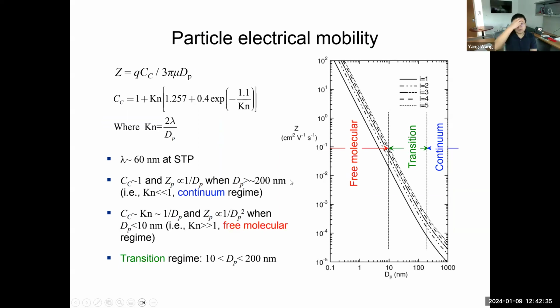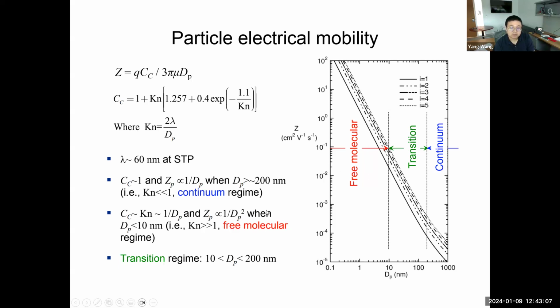Further, the movement of particles, especially the Cunningham slip correction factor, is dependent on the size of the particle. So we can divide the motion of the particle into different regimes, like the free molecular regime, transition regime, or the continuum regime. The continuum regime means that when the particle size is much larger than the mean free path, the Cunningham slip correction factor can be treated as 1.